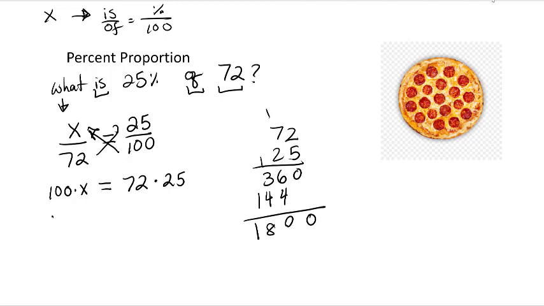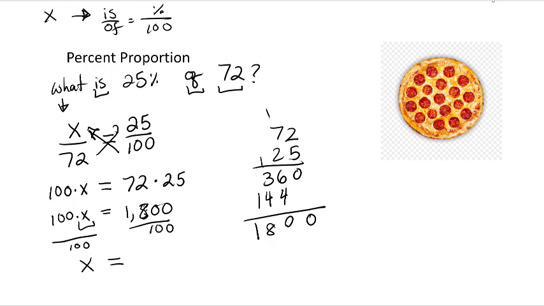1,800. So we have 100 times x equals 1,800. Now we would like to solve for x, so we have to isolate it. We will do that by dividing both sides by 100. So we have 100x divided by 100, that's just x, the two 100s cancel, equals 1,800 divided by 100.